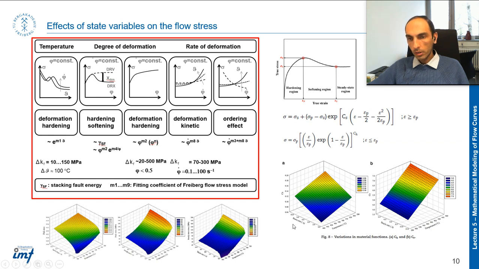All constants are functions of strain rate and temperature. So it shows that if you want to model the flow stress in a mathematical way, of course you should consider the state variables, and the temperature and the strain rate are the state variables most influencing the flow stress.